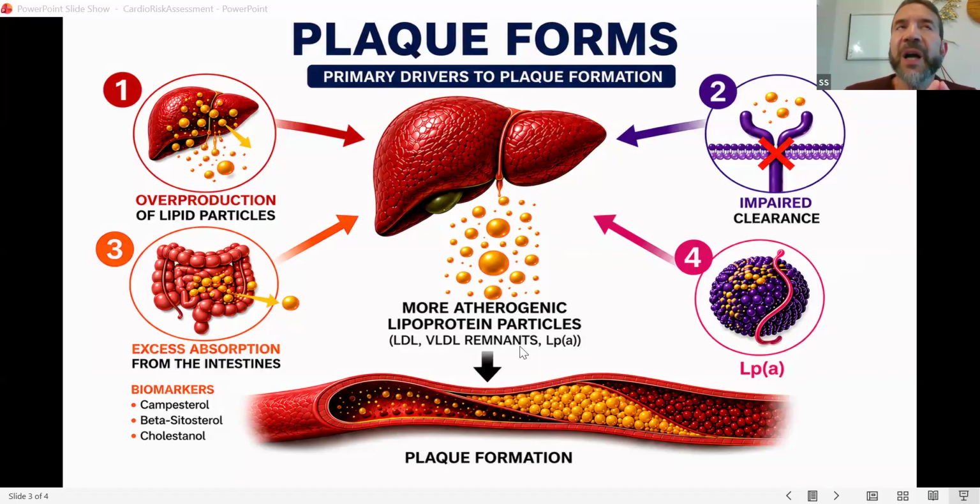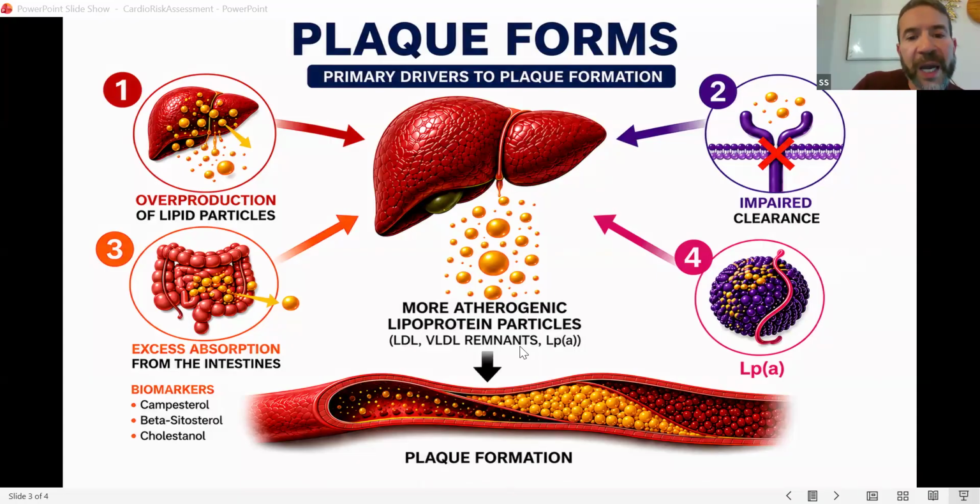It carries oxidized phospholipids, and because of that, it's prone to inflammation and oxidative stress. There's also another component. Lp(a) particles are also what's called thrombogenic, and thrombogenic means they can promote blood clot formation.